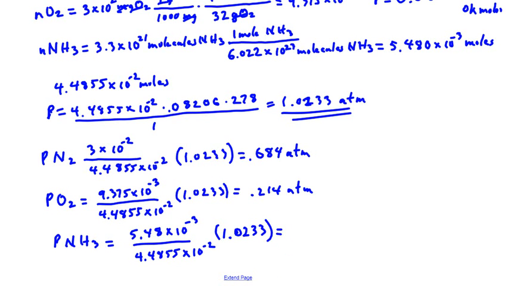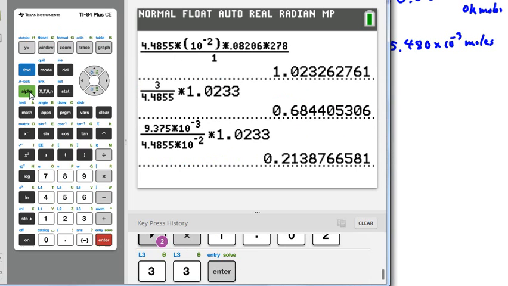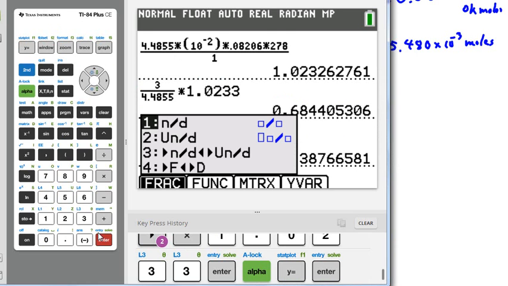So we go to our calculator again for the last time.